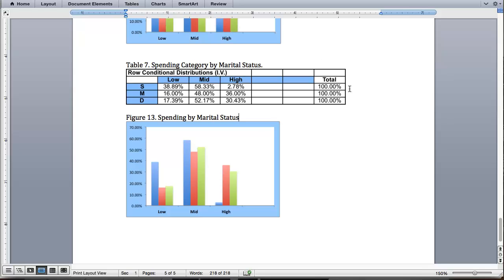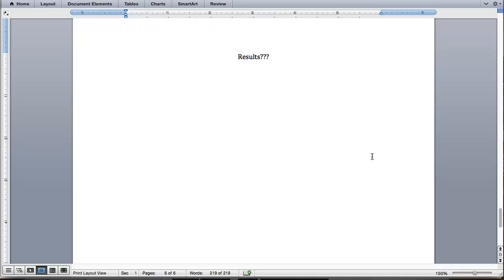The last thing that we can do is to try to capture some of the results from our analysis. And we could summarize that in a section that we call results. For example, we could comment on the average spending, the average income, the average age, household size of a cardholder in the sample.